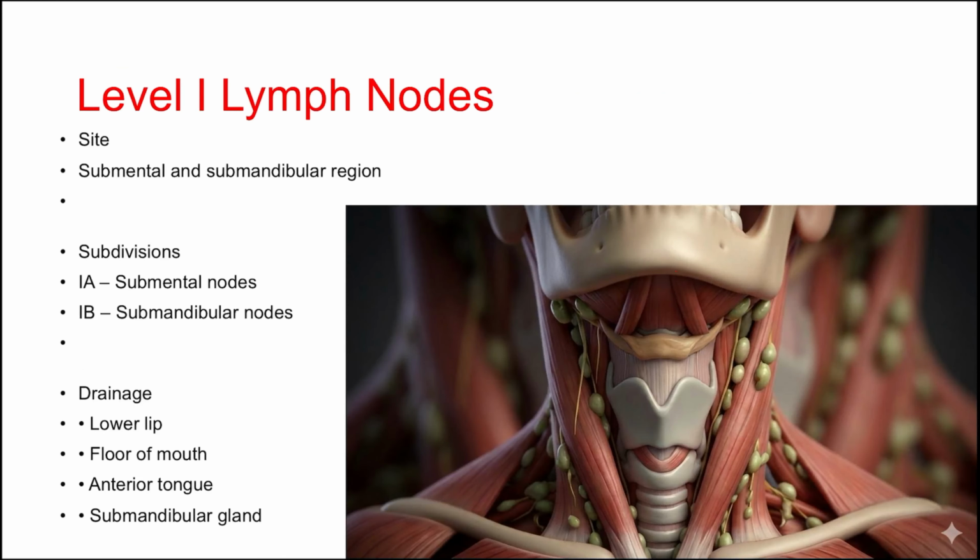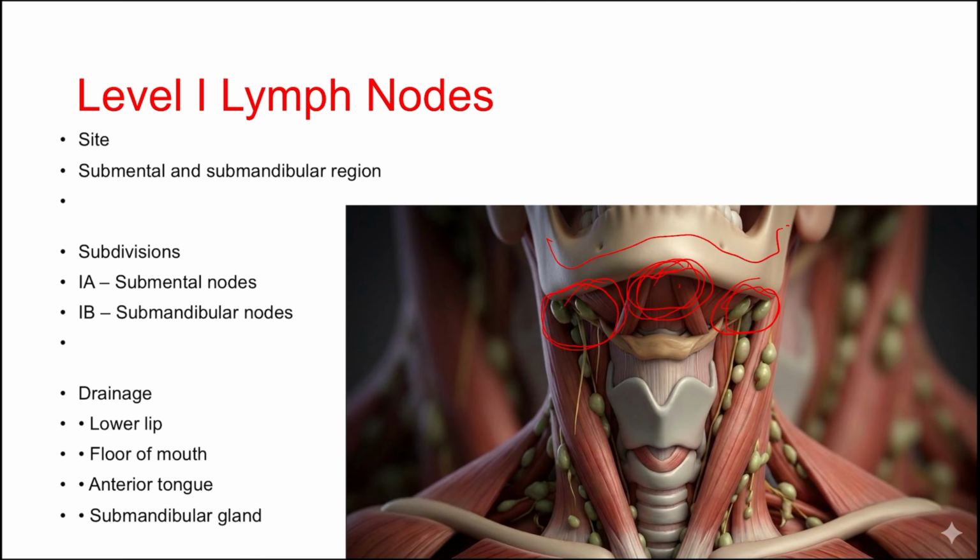So this slide is showing us level 1 lymph nodes. Level 1 lymph nodes, as I told you earlier, are located in the submental area, and this is the submandibular region. So the lymph nodes lying under the mandible in the submental region and in the submandibular region will be known as level 1 lymph nodes.